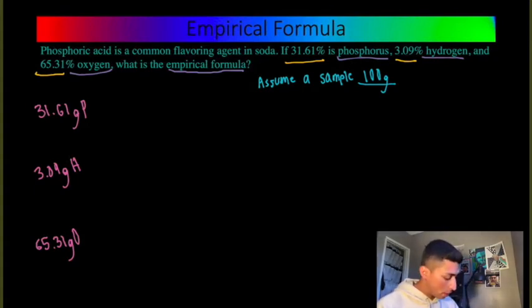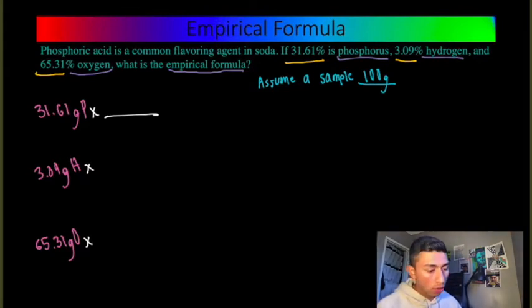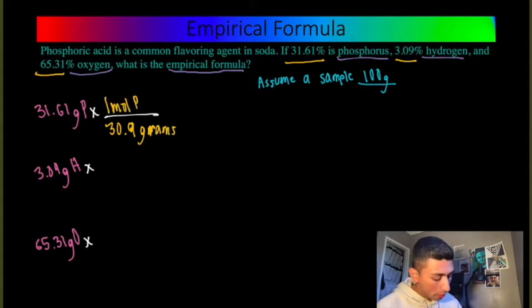Now that we did the first initial step, we have to convert each of these to moles. So we have to convert 31.61 grams of phosphorus to moles of phosphorus. The molar mass of phosphorus is actually 30.09, so for 30.09 grams, you get 1 mole of phosphorus.